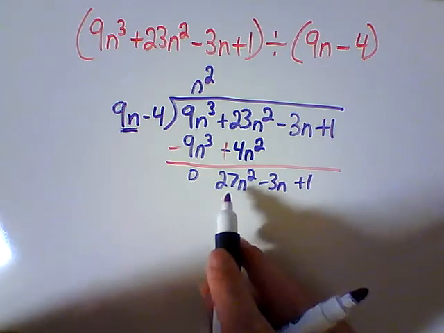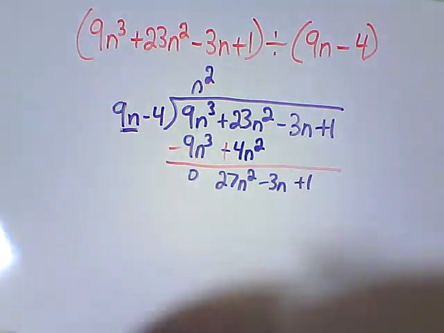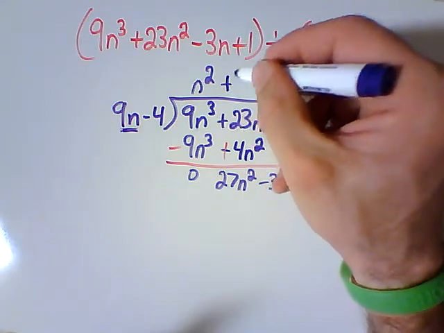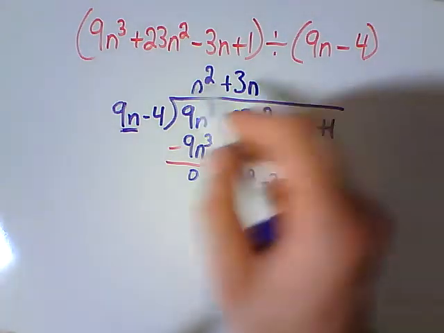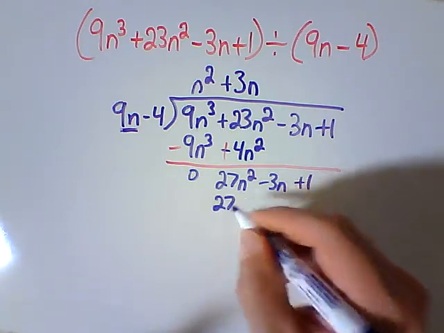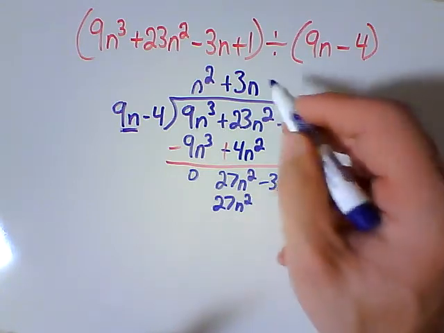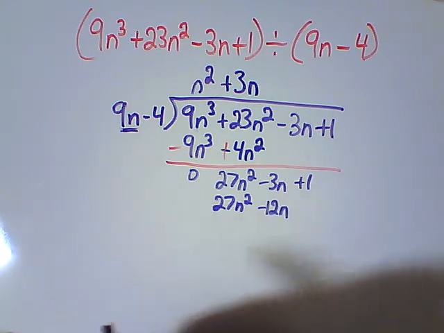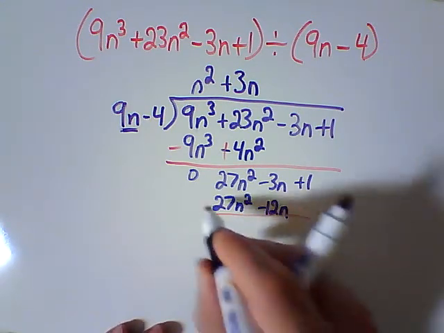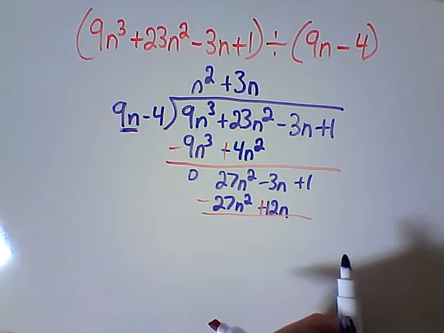All right, 27n squared divided by 9n is 3n. 3n times 9n is 27n squared. I don't like these n's. 3n times negative 4 is negative 12n. Draw a line, change your signs. Right?